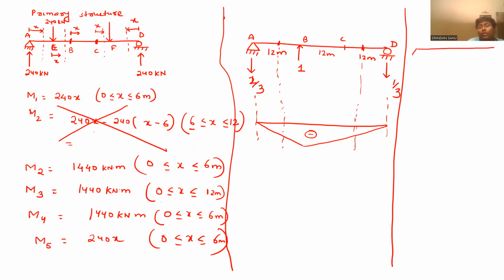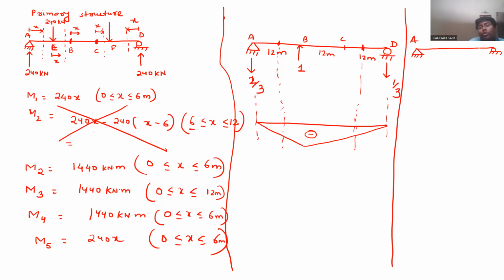So you have to put one redundant at a time as a unit and write those. First, our BY reaction was redundant. So for the first case, I have given one unit load at that B point, and I will calculate every small m value.